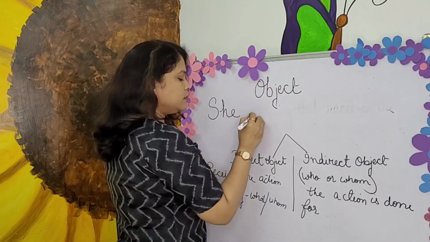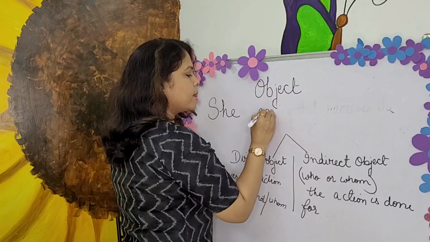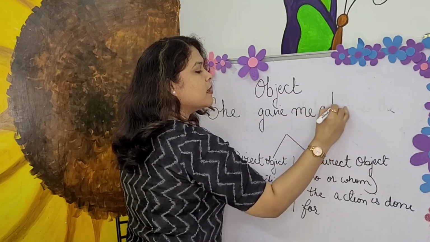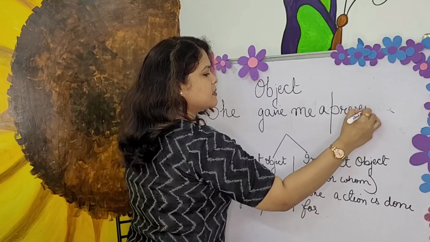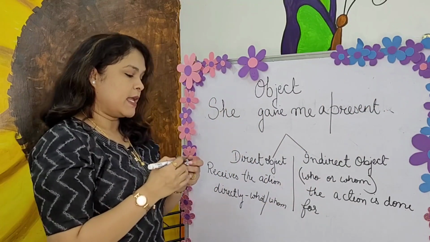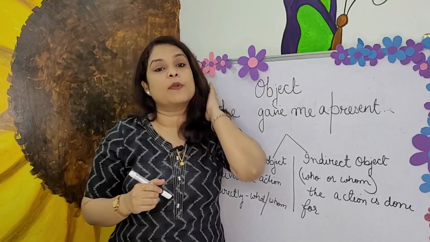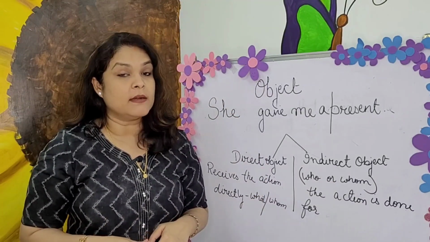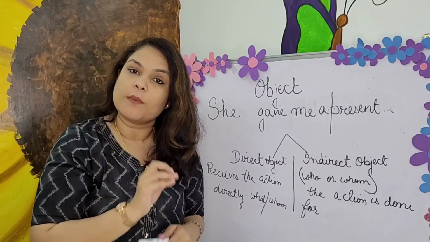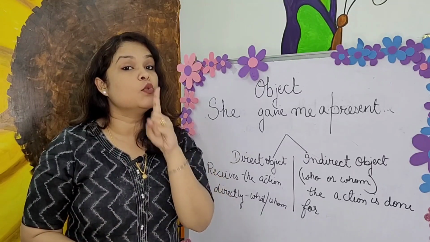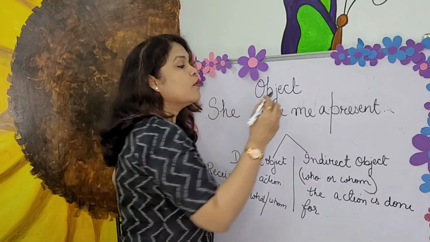She gave me a present. Okay, let us understand this. The first step to find objects in a sentence, or for that matter, to find a direct object or indirect object, is to find the verb.